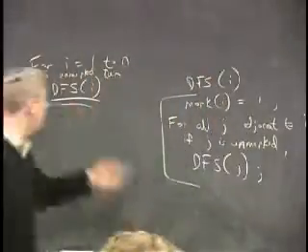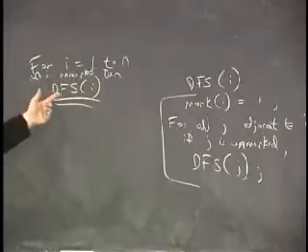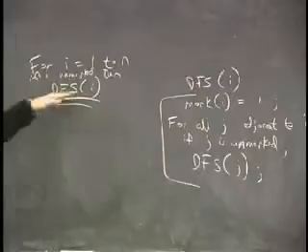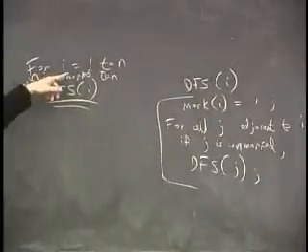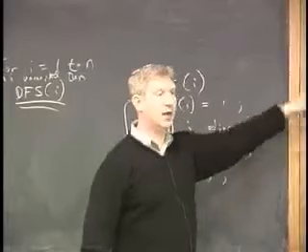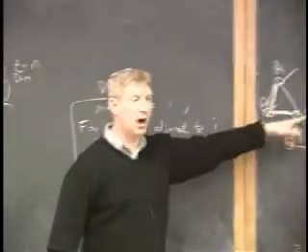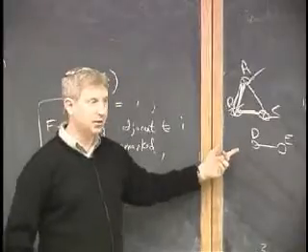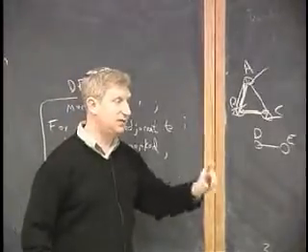So what this does is it starts you off at the first node, A. It finishes B and C, and then it's all done. Now it goes on to I equals 2, which is B. But B is marked. So then it goes to I equals 3, which is C. C is marked. Then it goes to I equals 4, which is D. D is not marked. So now a new depth first search begins at D.